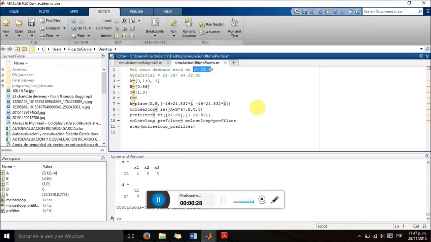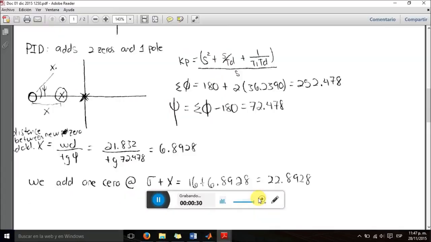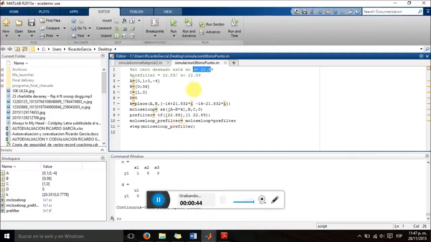And we know that this coordinate c is equal to 22.8 because of the actions we performed before. Okay, so our prefilter is defined like this. We have this prefilter. We declare it in here, but this thing I will show you later.